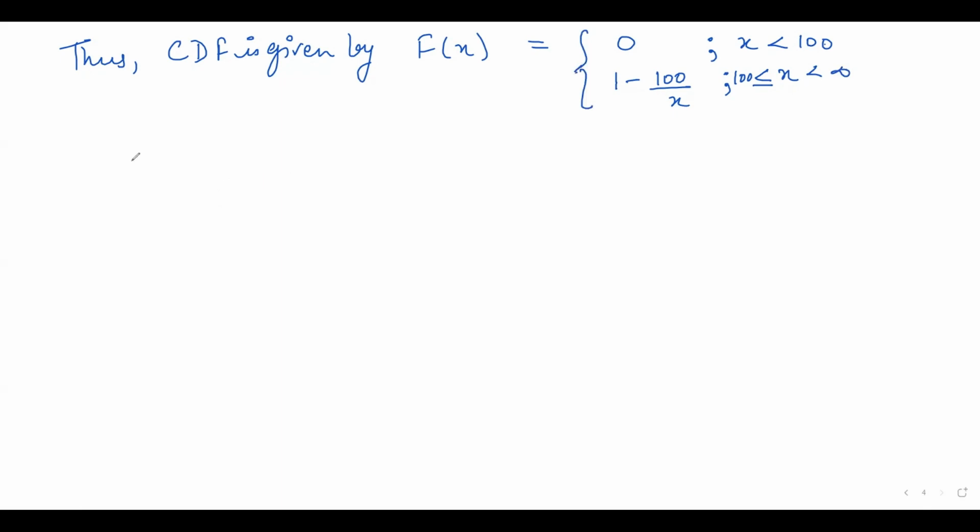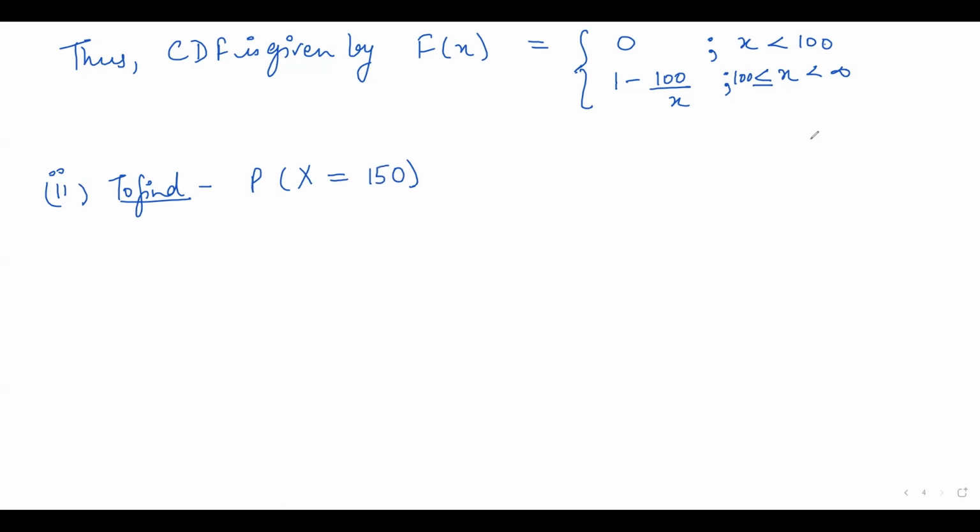Now, in the second part of the question, it is given, find the probability that the life of the tube is 150 hours. So we need to find the probability of X equal to 150 hours.